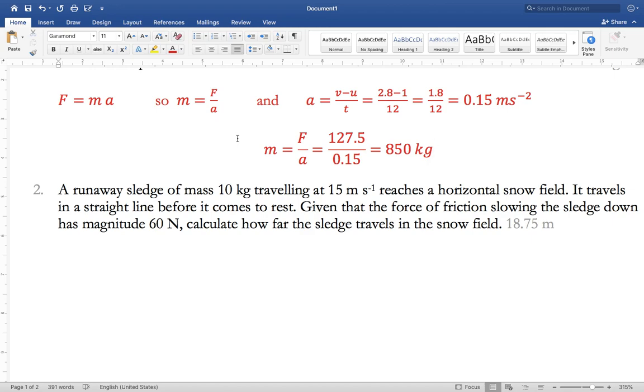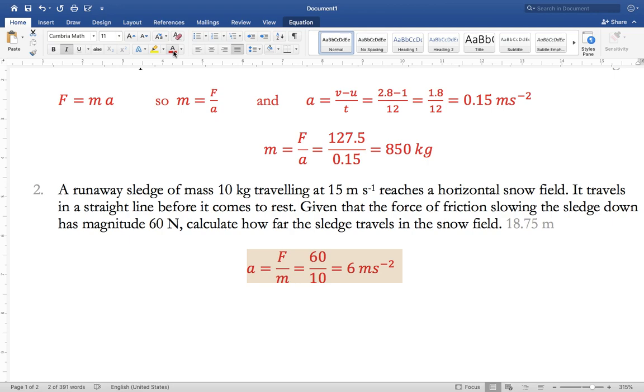But this is about deceleration, because it comes to rest. From the start the velocity is some number, and then it comes to zero. So a means force divided by m: 60 divided by 10 equals 6 meter second minus 2.